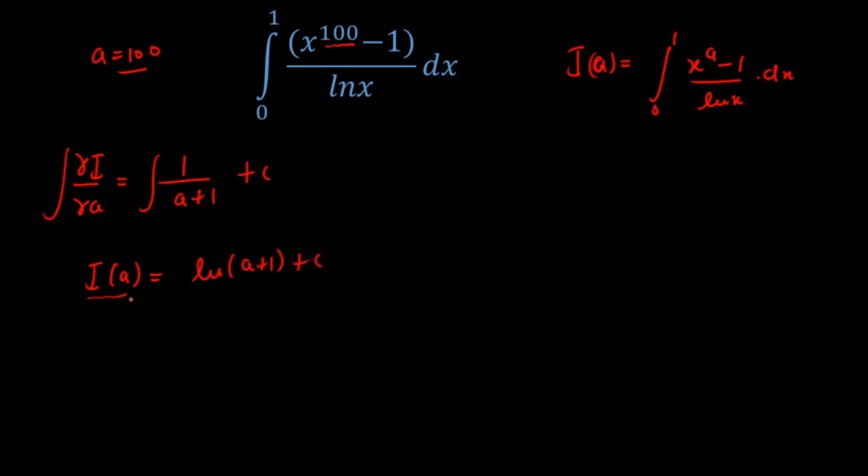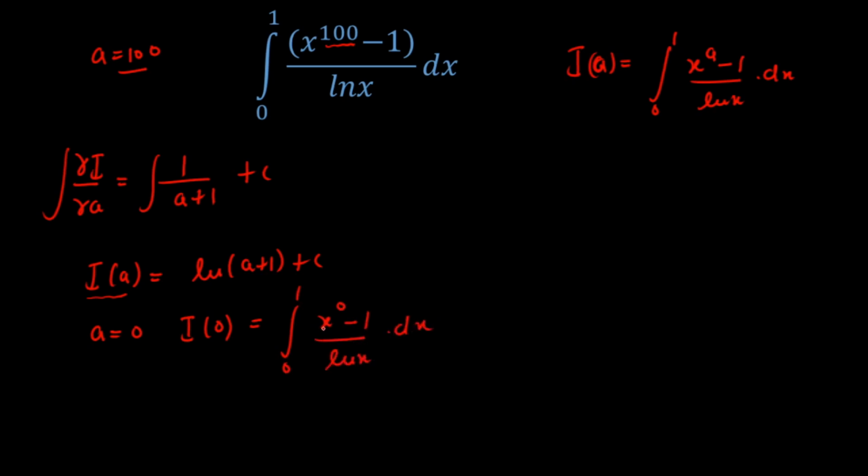Now our I of a is incomplete without the value of c. In order to calculate the value of c, I'll put a equal to 0 here, because I'm going to calculate the value of I of 0 using the integral. So I of a is equal to the integration from 0 to 1, and here I'll put a as 0. So I of 0 is the integration from 0 to 1 of (x^0 - 1) upon ln of x dx.